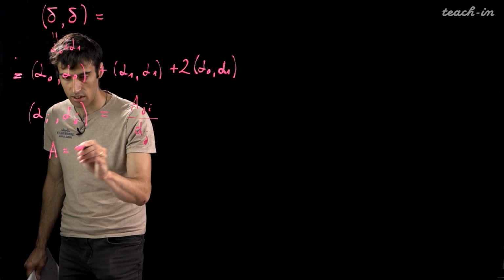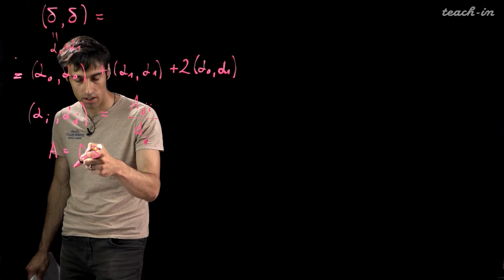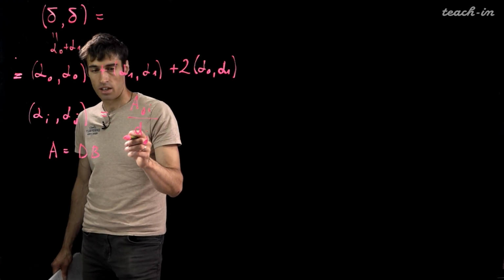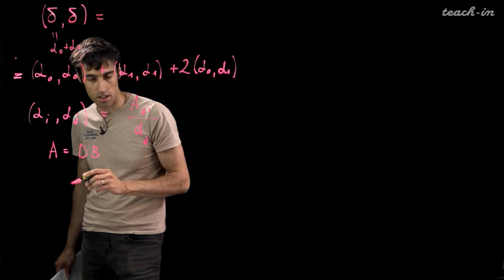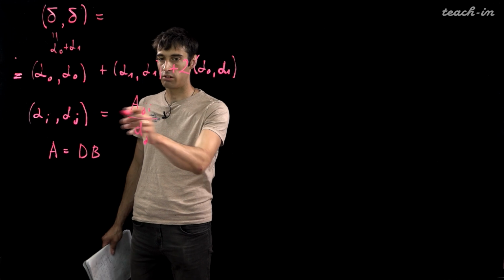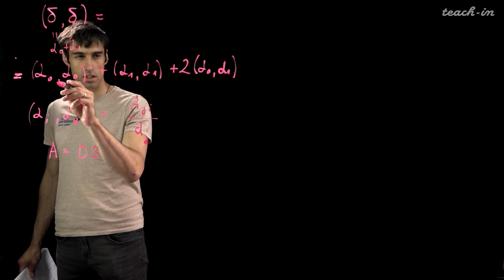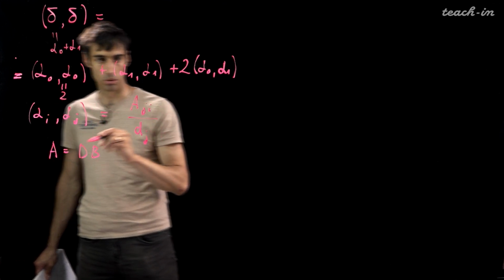So A is D times B, where B is symmetric and d_j are diagonal elements of D. Since A is already symmetric, you can think of these d's as 1. So alpha i, alpha j is just a_ji. So this is the 0,0 element of the Cartan matrix, which is 2.